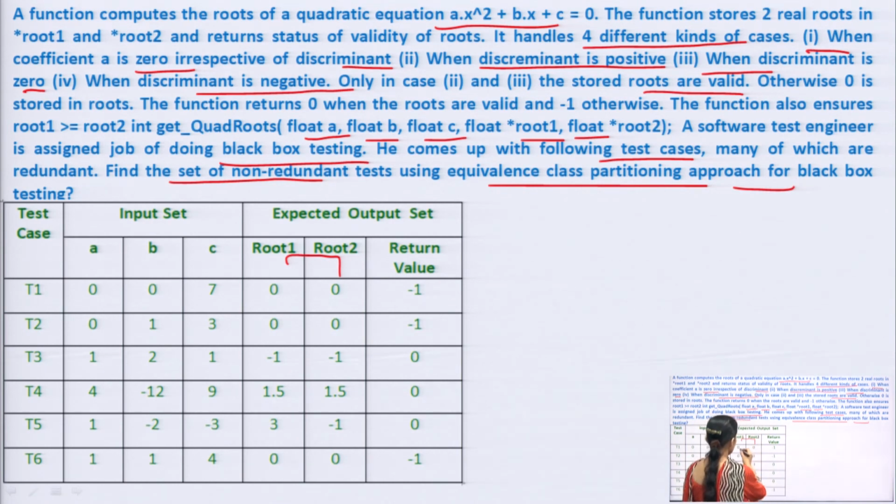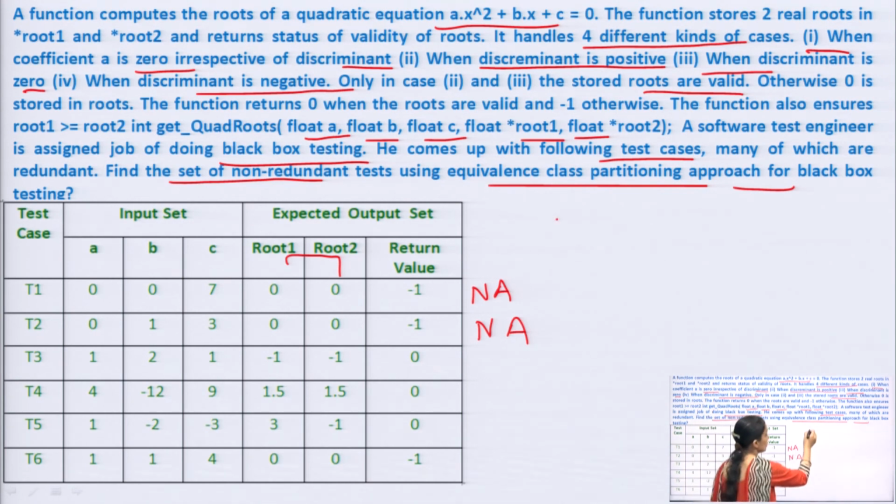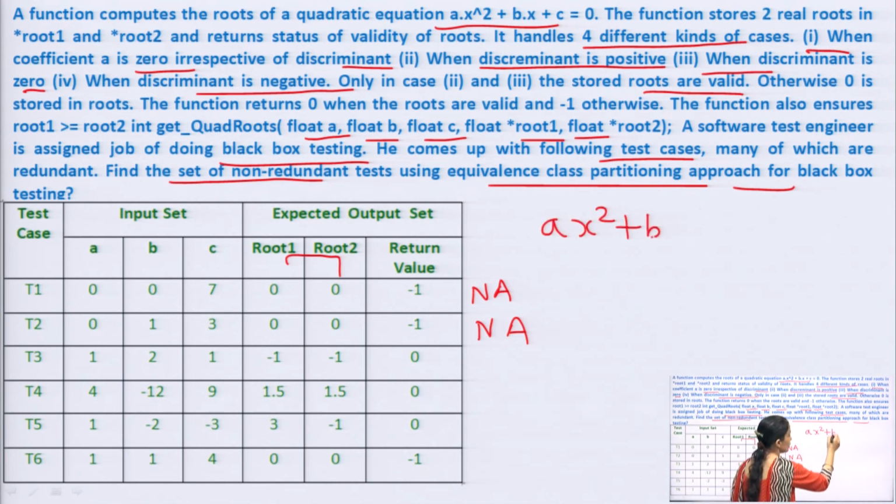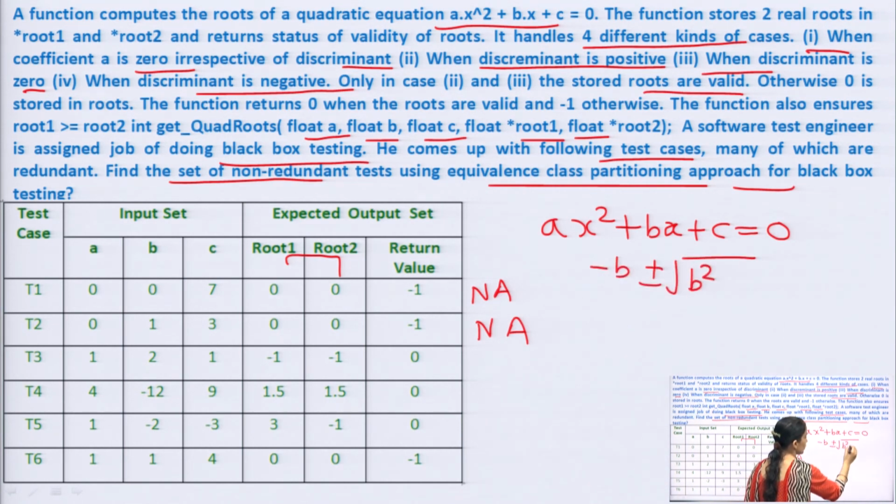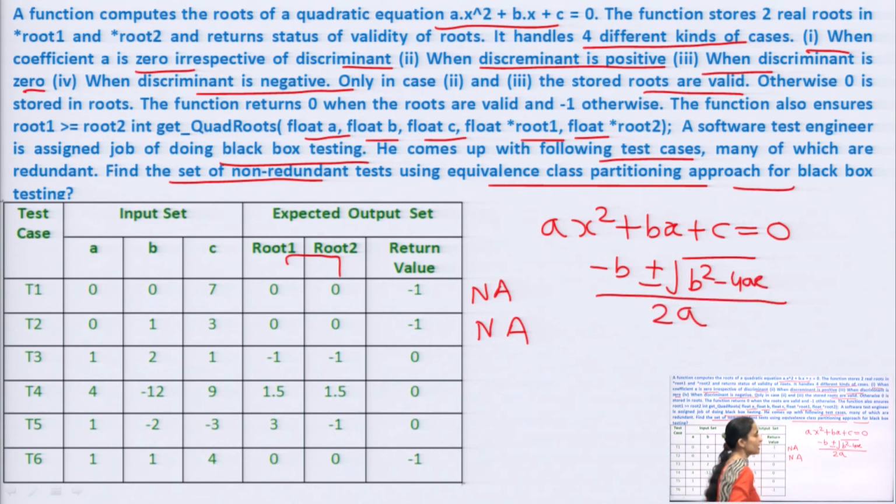For the first case this will come out to be not applicable, and again not applicable for the second. This is my quadratic equation, and this is how I calculate the roots: minus b plus minus square root of b square minus 4ac upon 2a.